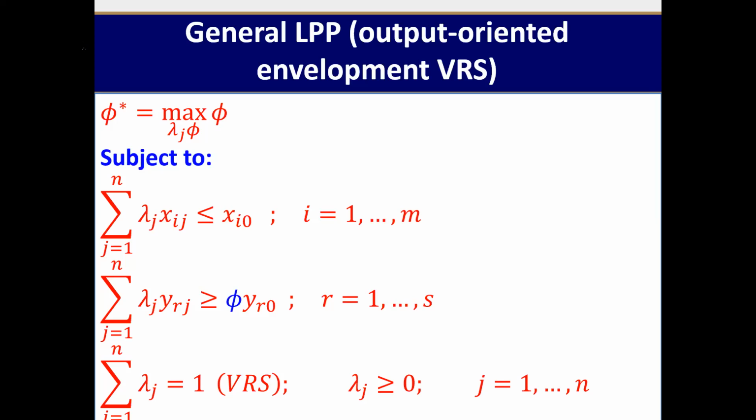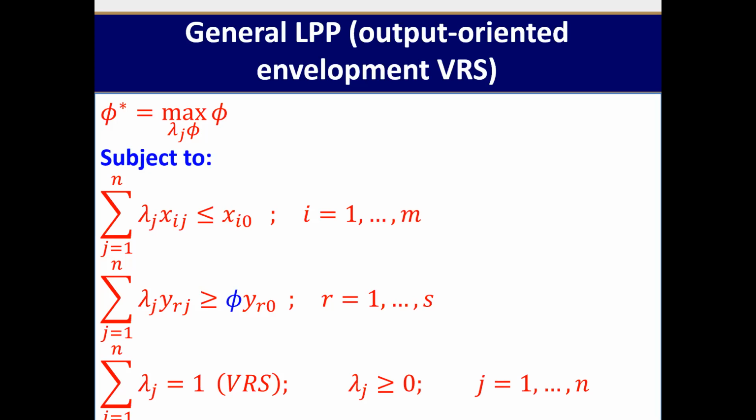The first constraint says that the weighted sum of all the inputs of all the DMUs should be less or equal to the input of the DMU under evaluation. The input here is I, where I is equal to 1 to M, and M is the total number of inputs being used.